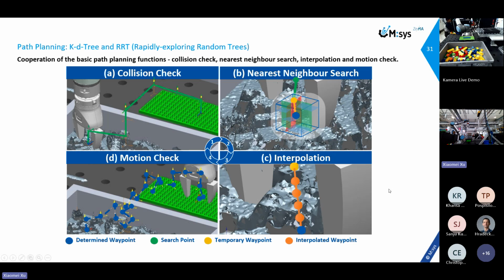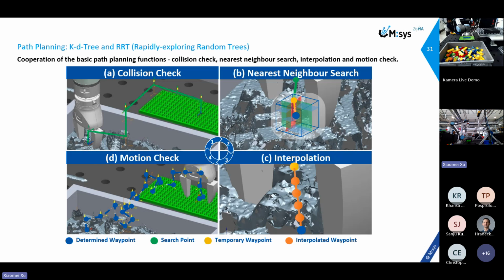Here we show in detail how a collision-free trajectory will be planned. When we define the start pose, after determining the camera and sequence plan's start and end points, the path planner constructs a search path. Search points give the planner a direction to find a path. The starting point is checked for collisions.